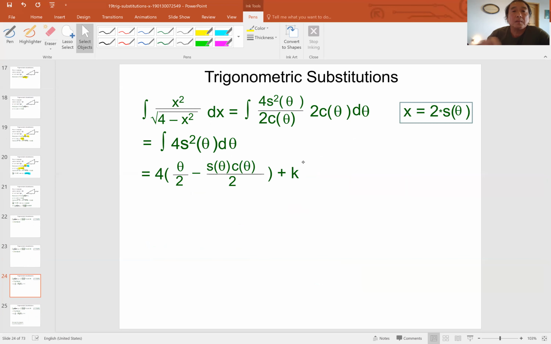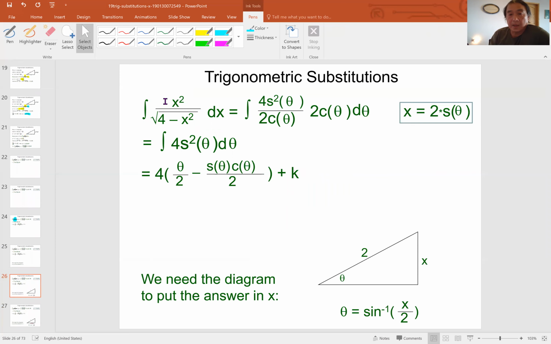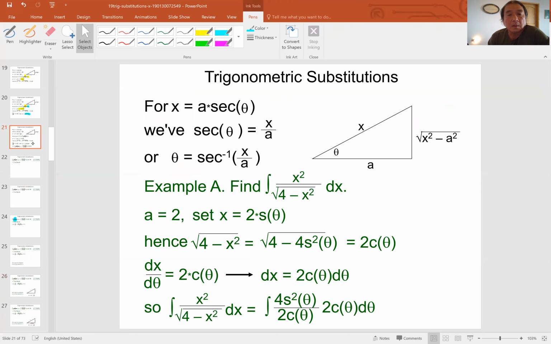The original problem is in x, so I need now to work my way back to the answer in x. That's where the triangle comes in. We have the reference triangle, therefore I can read out what sine theta and cosine theta are, all these individual trig values in terms of x. And theta itself is the inverse trig function. So then I can put everything together.